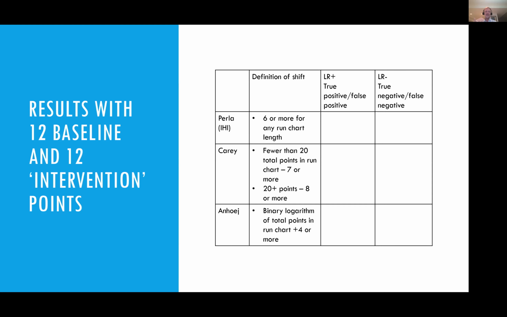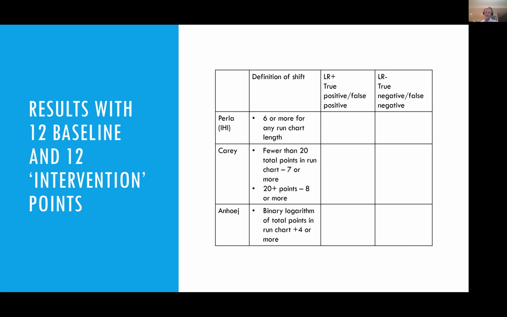So it tells us if you get a signal saying that there is a shift, what is the likelihood that this is true? And then the negative likelihood ratio is the opposite. If you do not have a signal, what is the likelihood that that is true, so it's a measure of false negatives. And they looked at these three different rules.